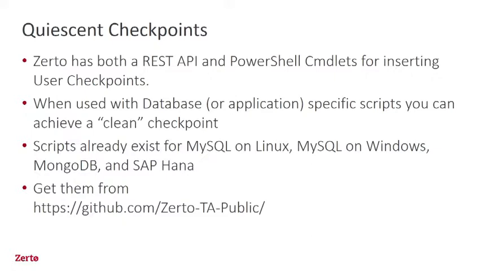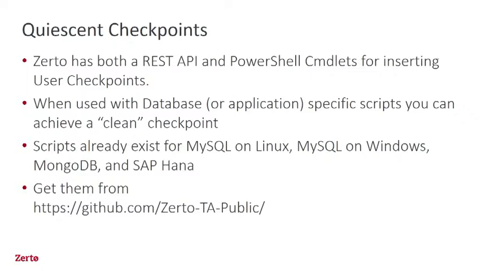But basically what you can do is tell the database, hey, lock your tables, flush to disk. When that's done, it'll call Zerto to insert a user checkpoint, and then it'll unlock the tables. So if you have a DBA that's difficult, you can have that database consistency just by running a script, even if it's Linux.